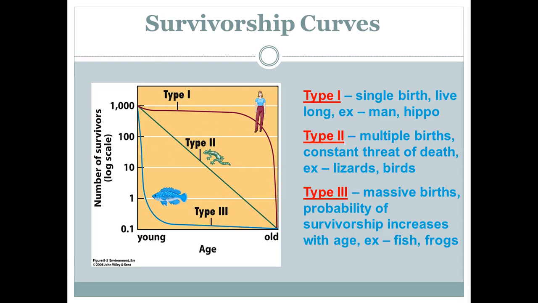Like lizards, snakes, their death rate is constant. And birds are also considered a type 2. So multiple births, there's deaths when they're young, there's deaths when they're old, and it just stays continual throughout their life. That's the end of part 1, and stay tuned for part 2.